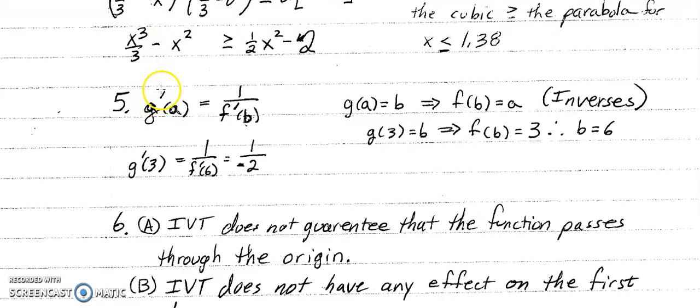Again, the derivative of the inverse is the reciprocal of the derivative of the function at the other value. Because again, domain for the inverse is the range for f. So the domain of g is the range of f. Range of f, or domain of f, is the range of g. So f of what gives you 3? It turns out to be 6.